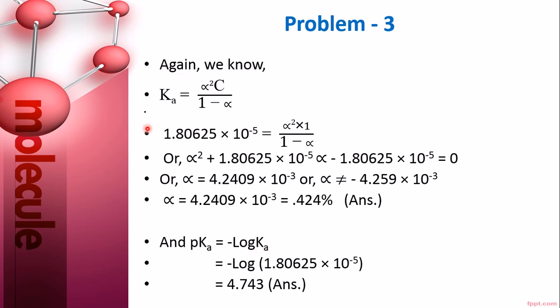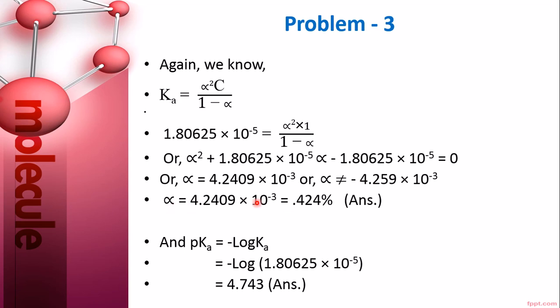Now from the Ka value, we know the concentration and Ka also, so we can calculate the degree of dissociation by this equation: Ka equals alpha squared C divided by 1 minus alpha. By putting in all these values, we get alpha equals 4.2409 into 10 to the power minus 3, or alpha equals minus 4.259 into 10 to the power minus 3. But the degree of dissociation will never be a negative value.